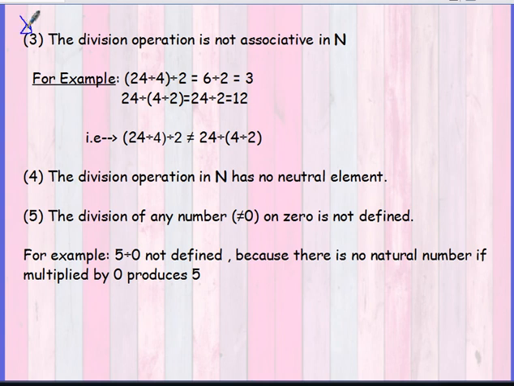3. The division operation is not associative in N. (24 divided by 4) divided by 2 equals 6 divided by 2 equals 3. 24 divided by (4 divided by 2) equals 24 divided by 2 equals 12.